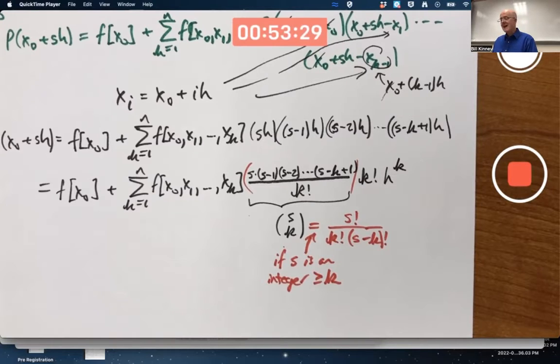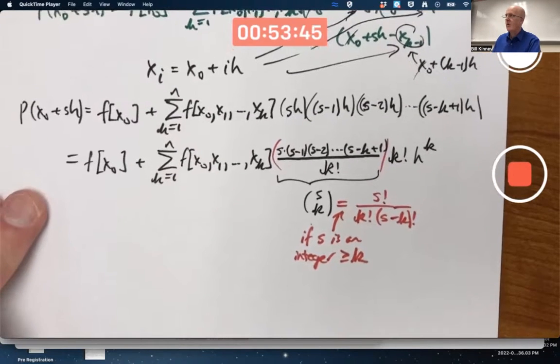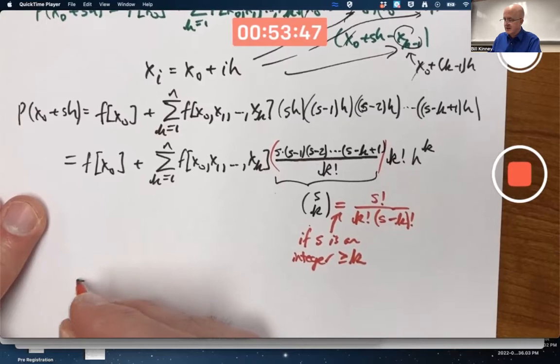All right, so we have an alternative formula here involving factorials, or binomial coefficients, if you prefer. But there's one more simplification.